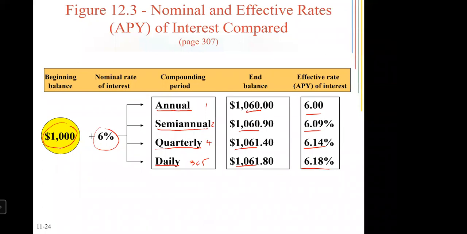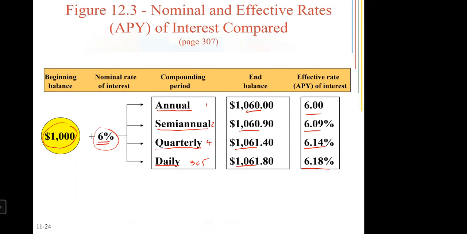So even though they all say that you're getting 6%, 6% is the stated rate per annum, but the more frequently you compound, the effective rate ends up being higher and the more interest you actually earn.